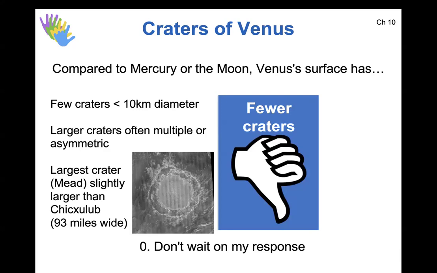And the thicker atmosphere, although not a perfect protection against asteroids, and nor was it in the past where there were even more of them in the earlier solar system, does reduce the number. And in particular, the smaller craters, because the asteroids that would make those smaller craters are the ones that completely burn up.